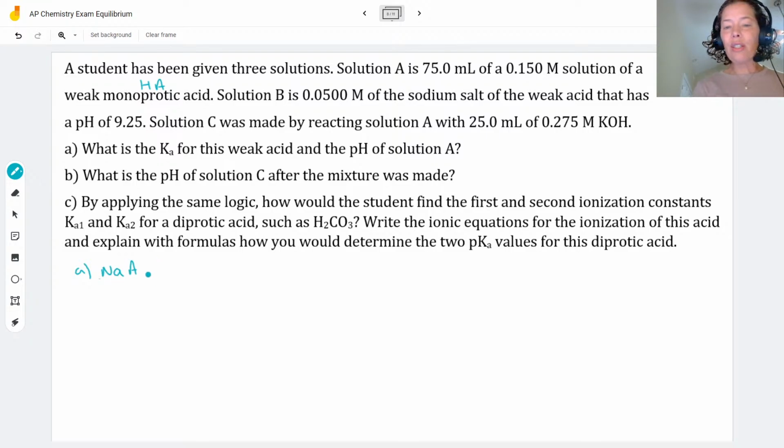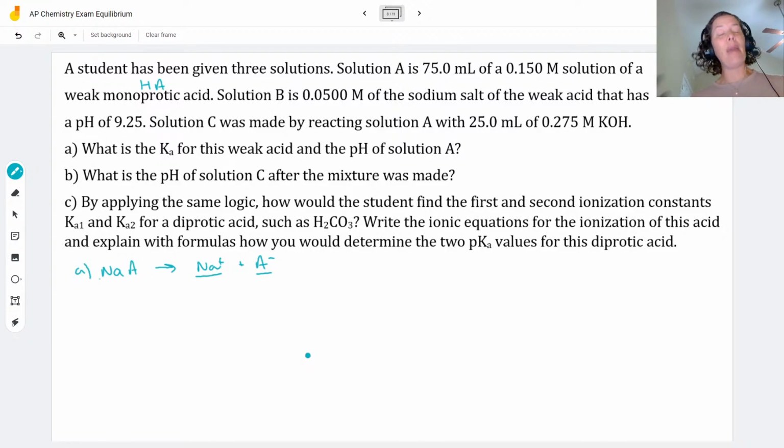So when I put the sodium salt in water, in aqueous solution, of course I get my sodium ions and I get my conjugate base here. So this is my conjugate base of my weak monoprotic acid. The sodium ion is just a spectator ion. I'm going to ignore it. I don't care about it. What I really care about is what's going on with this conjugate base in aqueous solution.